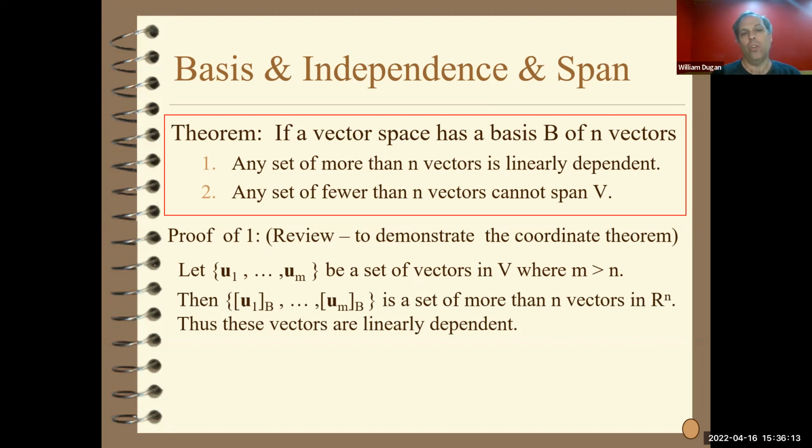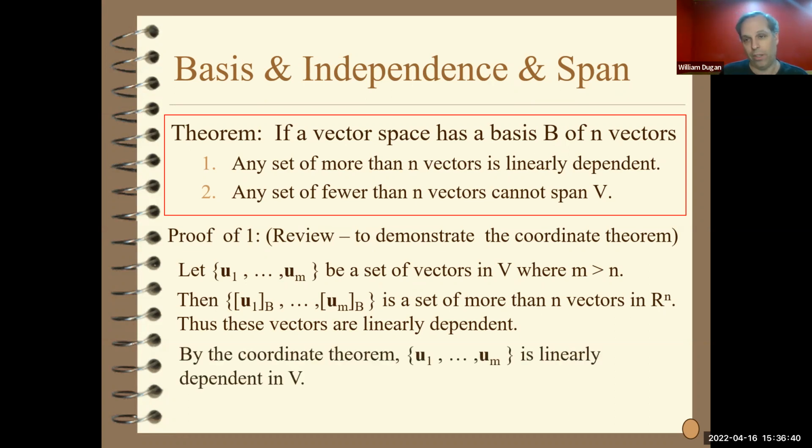Well, then the coordinates of those m vectors would give you m vectors in Rn, because the size of the coordinate depends upon the number of vectors in the basis. Since there are n vectors in the basis, the coordinates are all in Rn. But then you would have m vectors in Rn where m is more than n. They're instantly linearly dependent. And if they're dependent, by the coordinate theorem, so is the original set. And that's it. That's the argument.